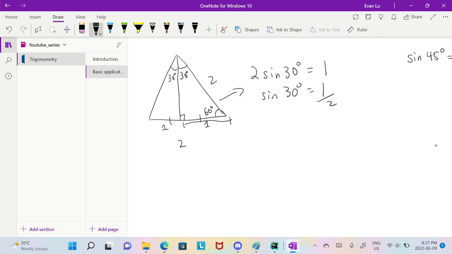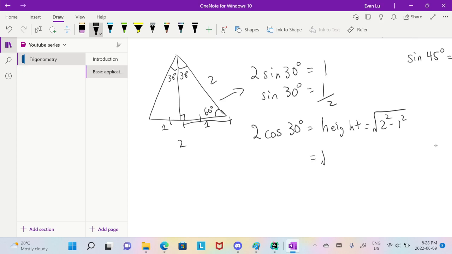Okay. And now to find the equivalent cos of 30 degrees, I would be able to write 2 times cos of 30 degrees is equal to the height. Okay, let's find the height. Well, I know from the Pythagorean theorem that this is just going to be the square root of 2 squared minus 1 squared.